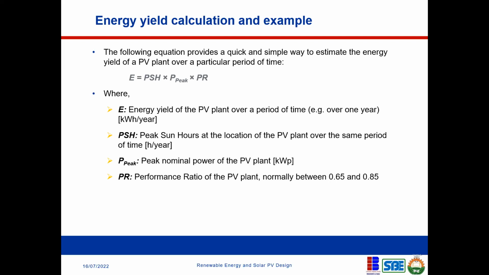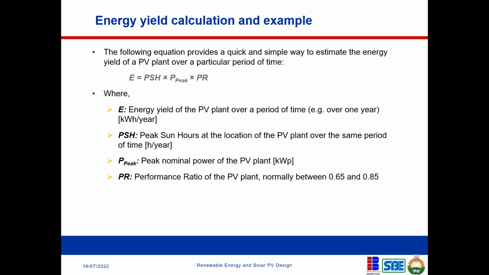Yes. Thank you. Okay, so the question that you asked is already part of the slide. If you look at the last part of this, you see performance ratio of a PV plant. Typically for Nigeria, it's within this range. There are many factors that affect your performance ratio, like I mentioned before, such as temperature and sun irradiation.